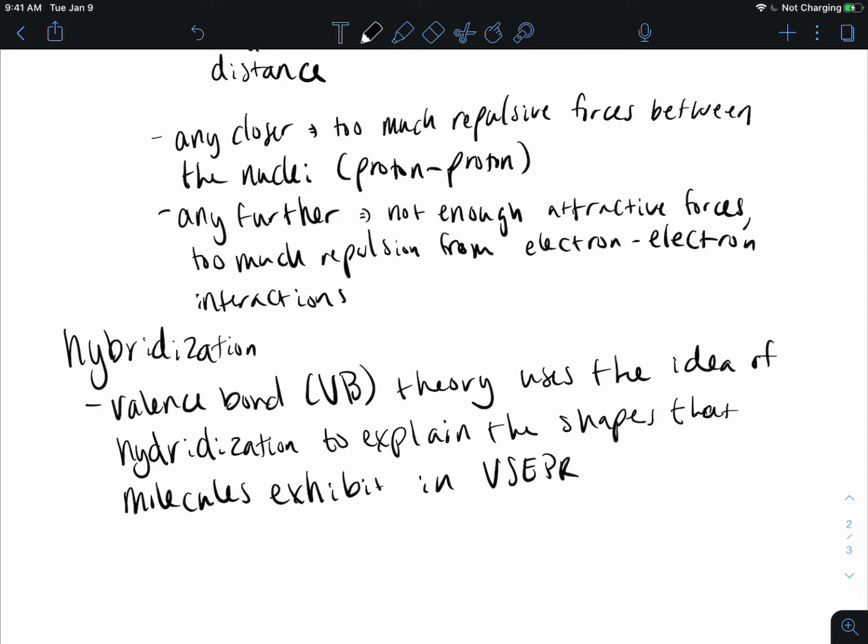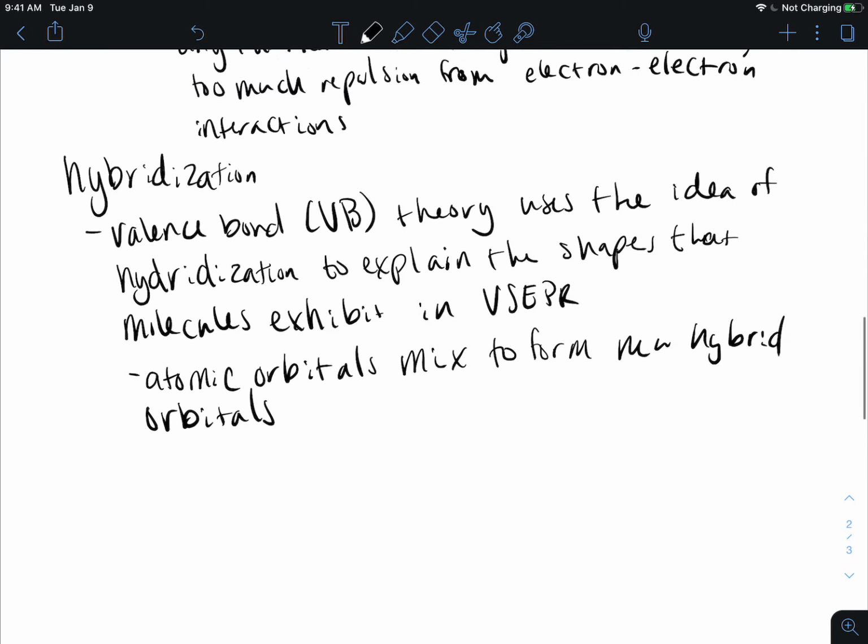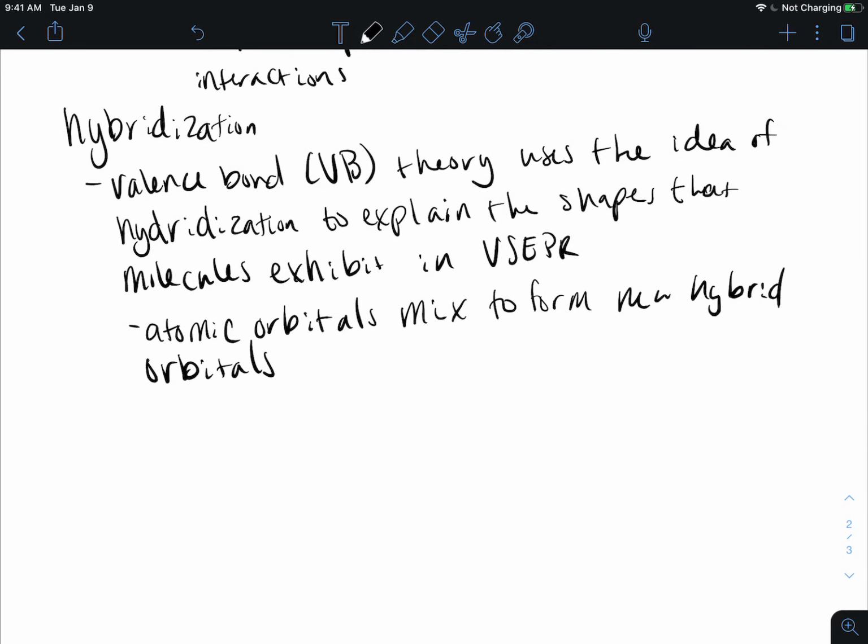Okay, so the idea is that atomic orbitals mix, they form these new hybrid orbitals. And these hybrid orbitals have the correct geometries to account for the bond angles that we see.